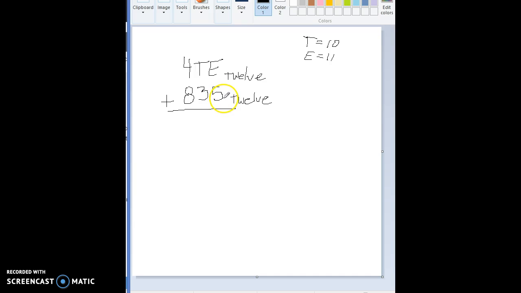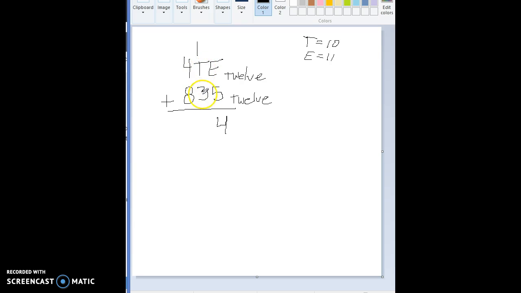So that is a total of 16 ones. And with the 16 ones, I need to take 12 of them and turn that into a long. And there were 16. I just used 12 to make a long, so that means there are going to be 4 left.